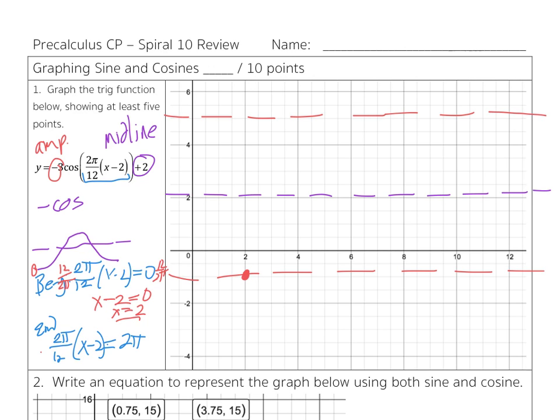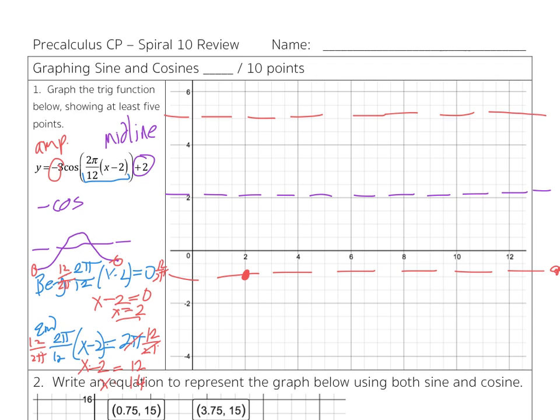This time when I multiply by the reciprocal, 12 over 2 pi, my 2 pi's cancel out on the side, and I've got x minus 2 is equal to 12. In other words, x is 14. Okay, this is the end point, so it's going to be on the bottom. 14 doesn't actually exist on my graph because I'm a knucklehead, so it's going to be somewhere over there. I'll put that there just so we can see it.